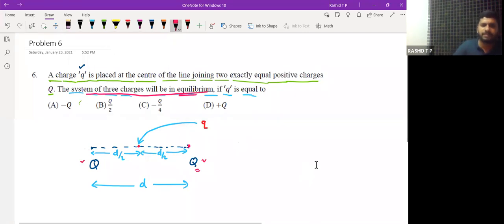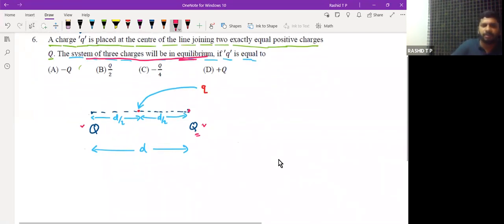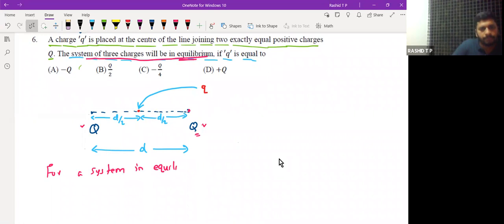That means for a system in equilibrium, the net force on any charge will be equal to zero.